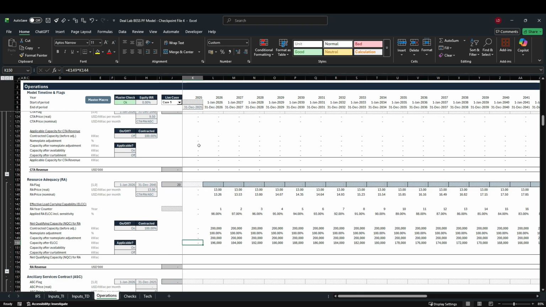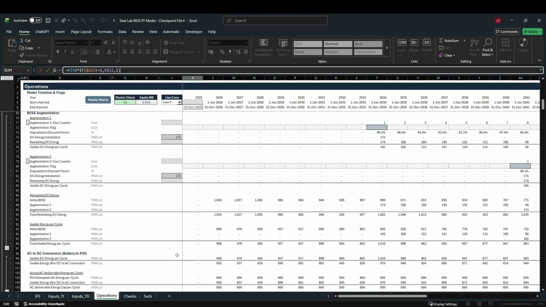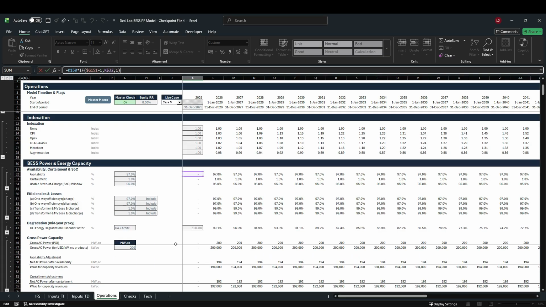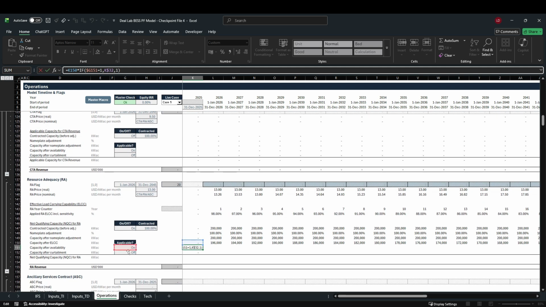Then for our last two adjustments, let's see if we can simply pick up these two formulas here. So hit Control C, paste them here, hit F2, and the reference here seems to be right. We pick up availability, multiply it by our switch, whether this is applicable or not, and multiply it also with our capacity after the ELCC.